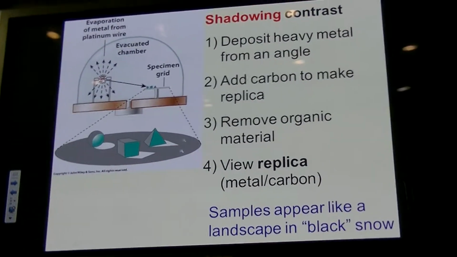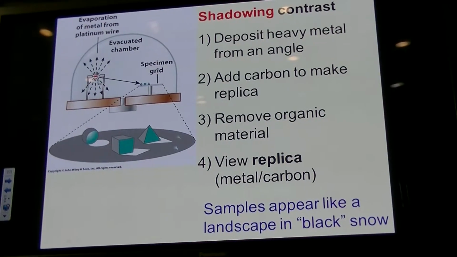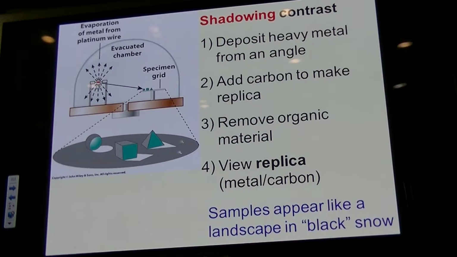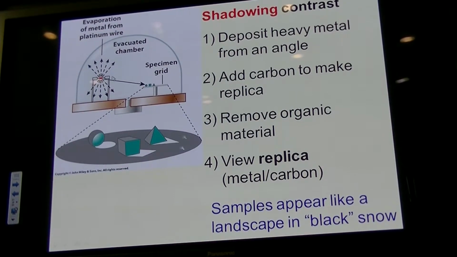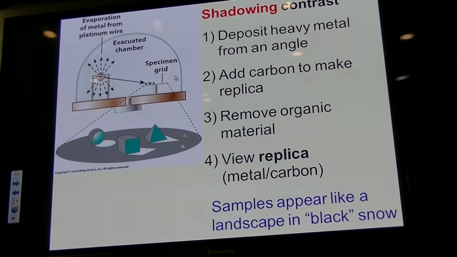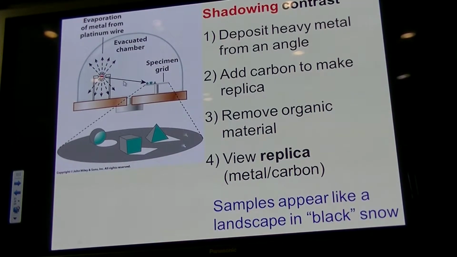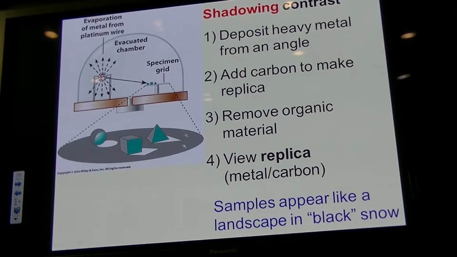Platinum is often used. This is just heated, and what happens is that platinum atoms jump off from that piece of wire, and they start to rain down in this chamber. We get the deposition of platinum atoms all over the place.